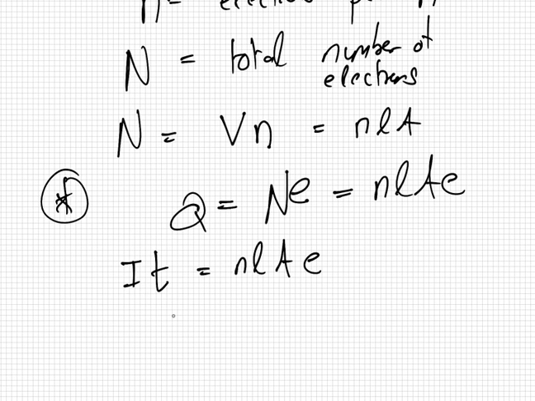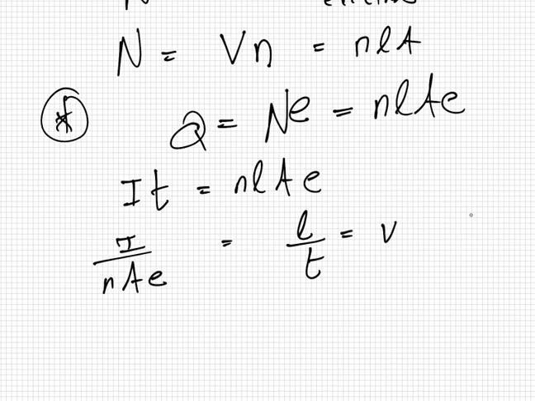Now, if I do a little bit of division here, I have L over T, bring the T down here, and then I have I over nAe. What's L over T? What's distance divided by time? Speed. So that's v. So we get v equals I over nAe.